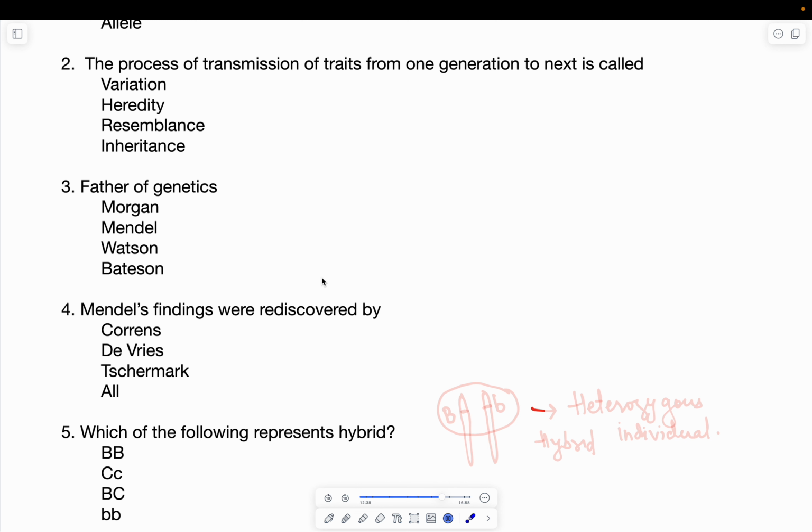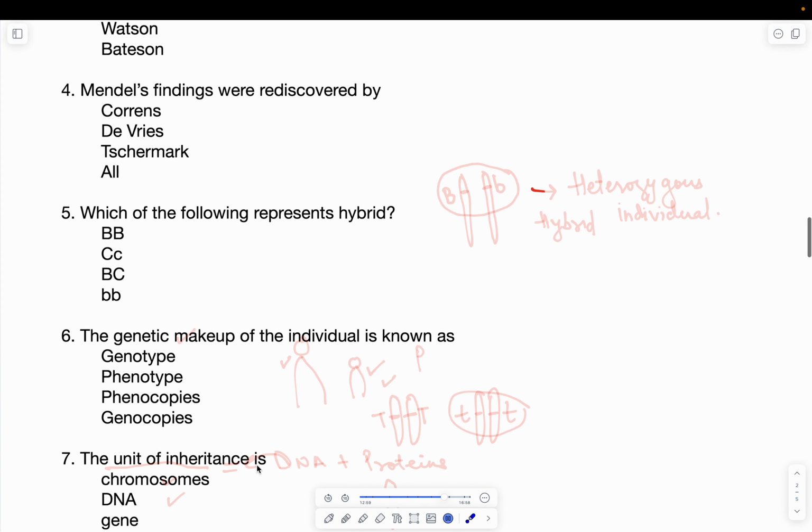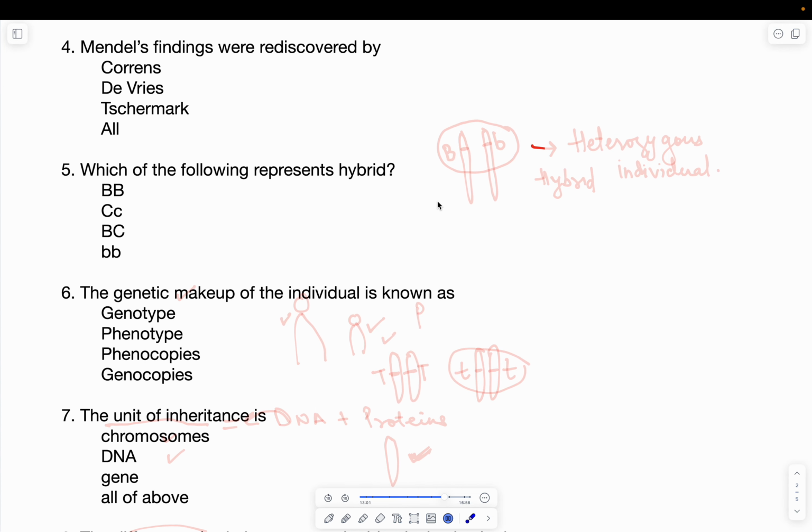Mendel's findings were rediscovered by, right? All the studies of Mendel were rediscovered and reproved by three scientists, Correns, De Vries and Tschermak together. So the answer is all. Which of the following represents hybrid? Here they are talking about the genotype of an individual. Say this is a pair of chromosome.